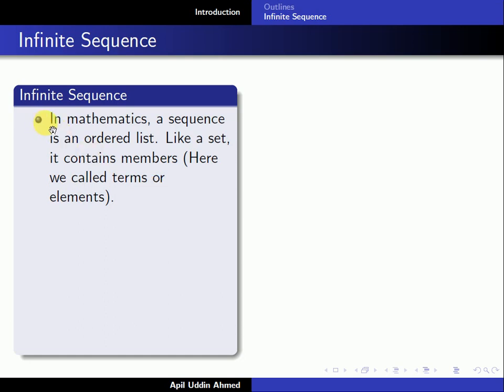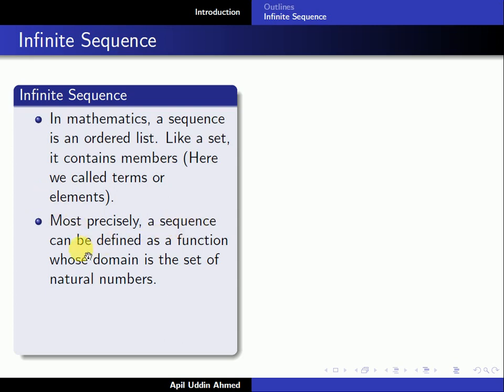Mathematically, a sequence we may consider as an ordered list, or we may also consider it like a set, and it contains some members which are called the terms of the sequence. We may also define an infinite sequence in another way.